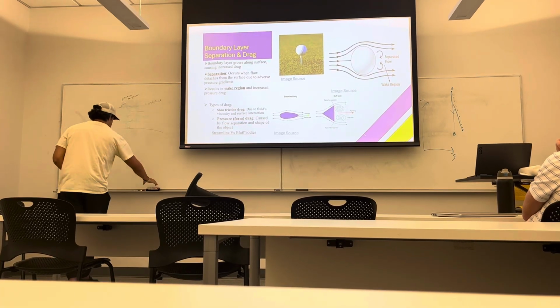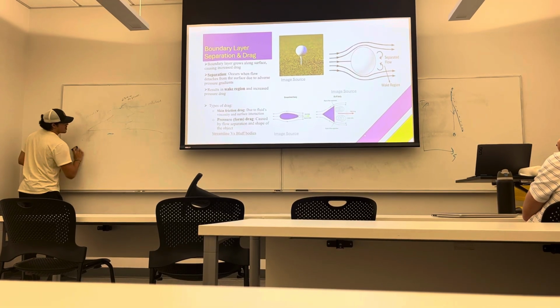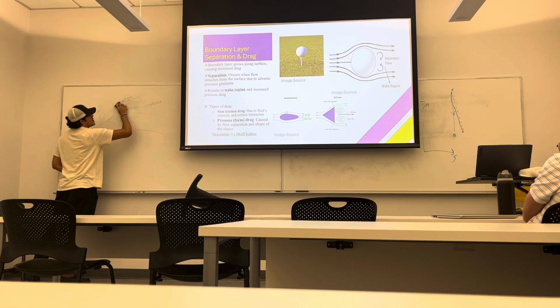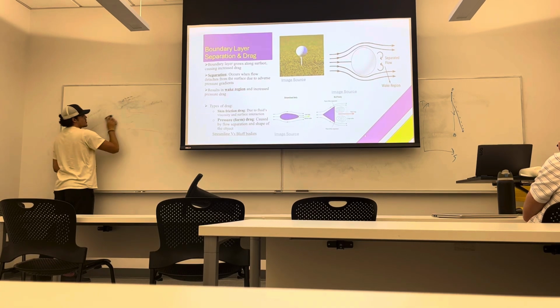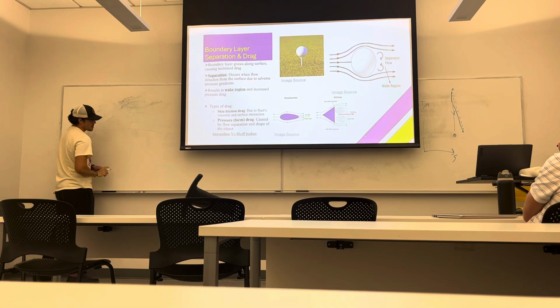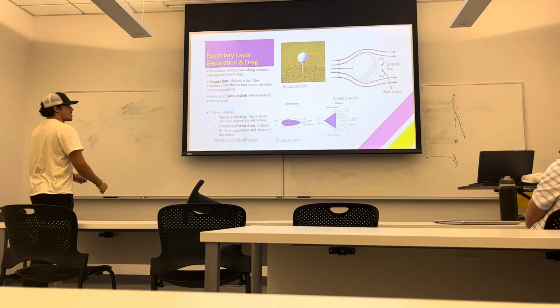To explain that a bit more on why we need to determine whether we could use laminar and turbulent, I'm going to use the golf ball as an example.